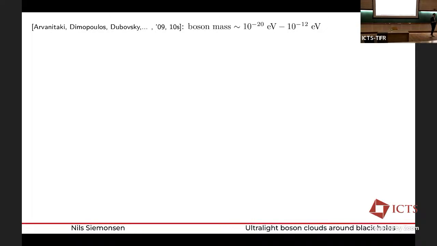These particles are potentially scalar particles, and if this mass satisfies a certain condition, then it will trigger this process. The mass range that is relevant here, the boson masses, is basically between 10 to the minus 20 and 10 to the minus 12 electron volts. It will become clear later on why this particular mass range and not another.